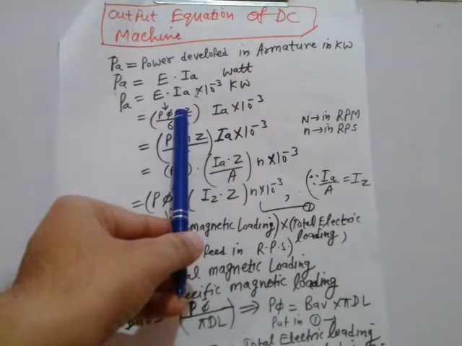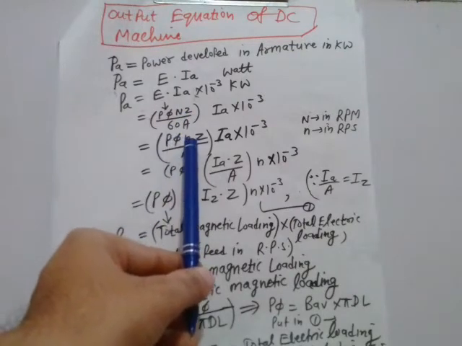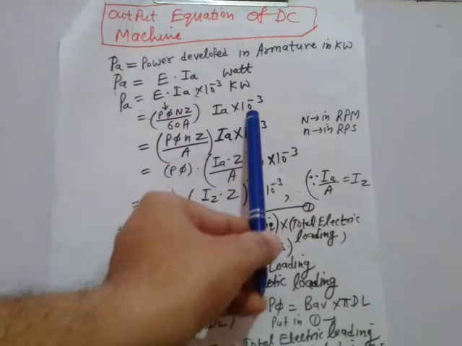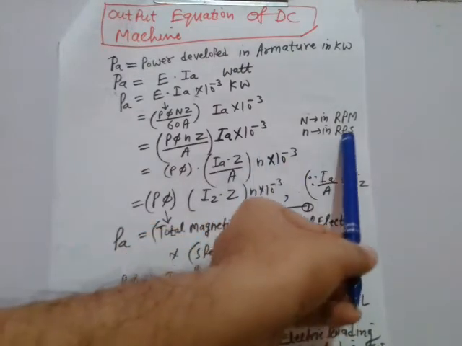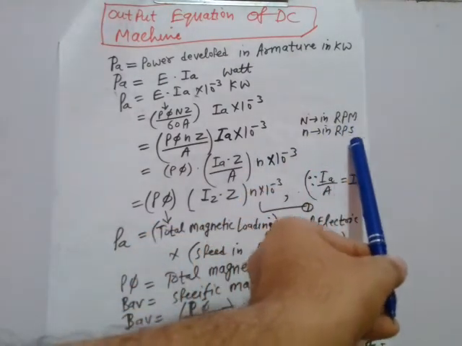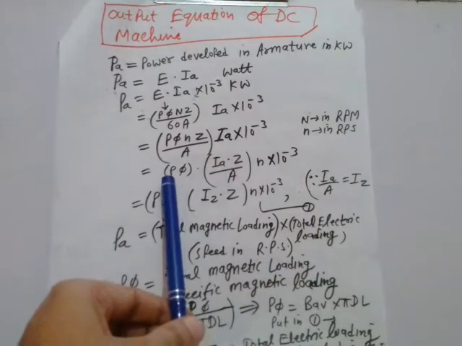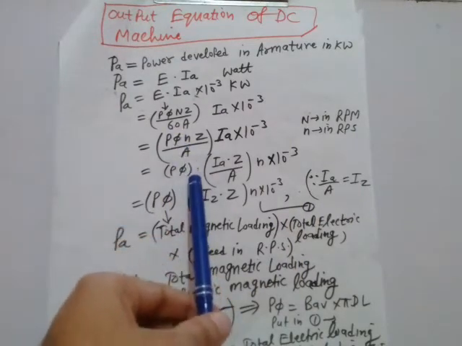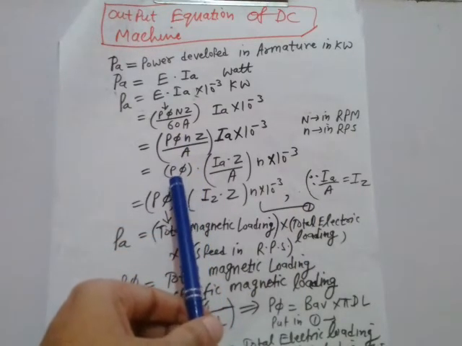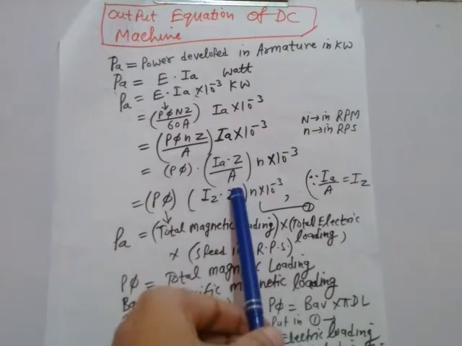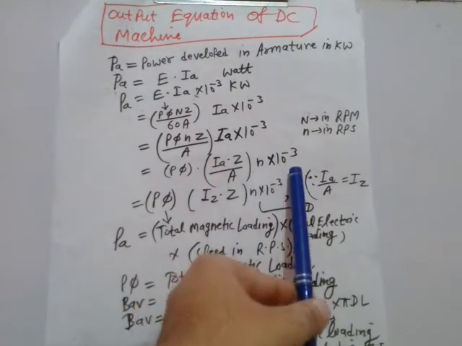In place of capital N by 60, you can write small n, into IA into 10 to the power minus 3. You can manipulate this equation and write it in this form: P phi into IA into Z by A into small n into 10 to the power minus 3.